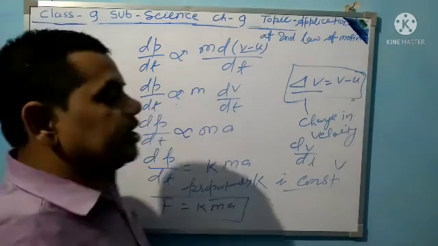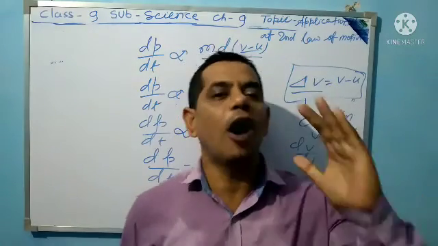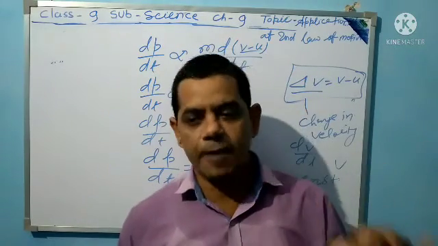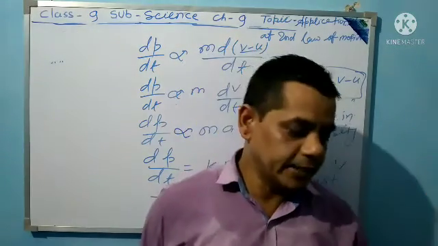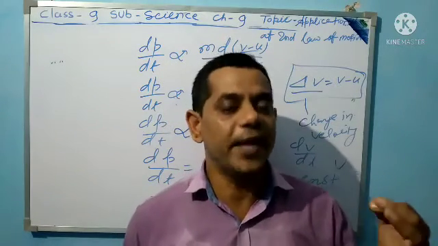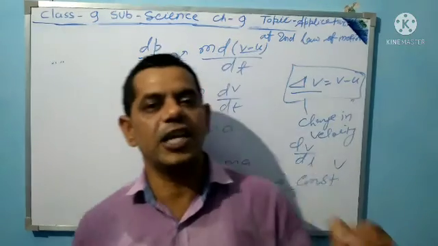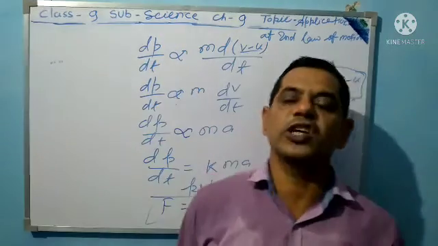This means the rate of change of momentum with respect to time is the second law of motion. That is the formula: F equals k into ma, where a is the acceleration, m is the mass, and k is the proportionality constant.